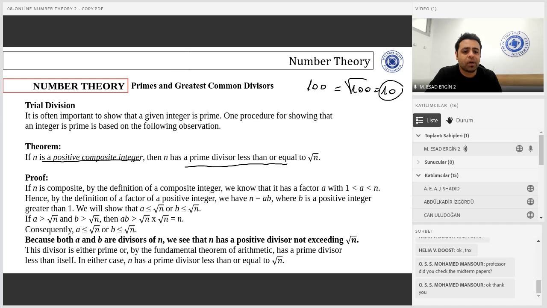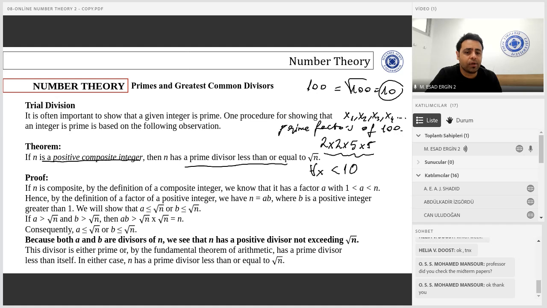It means that the prime factors of 100, as we have just seen, 2 multiply 2 multiply 5 and multiply 5, call them x1, x2, x3, x4, and so on, are all smaller than or equal to 10.